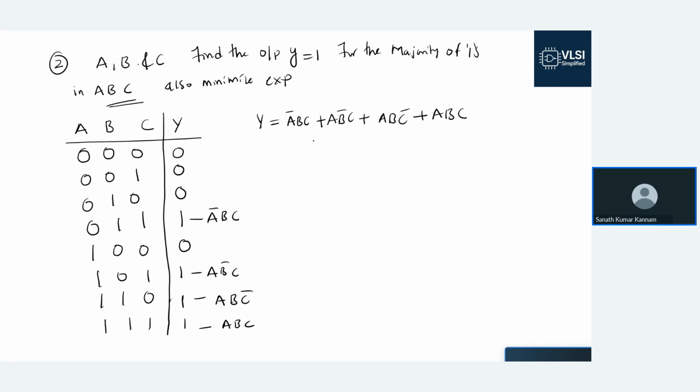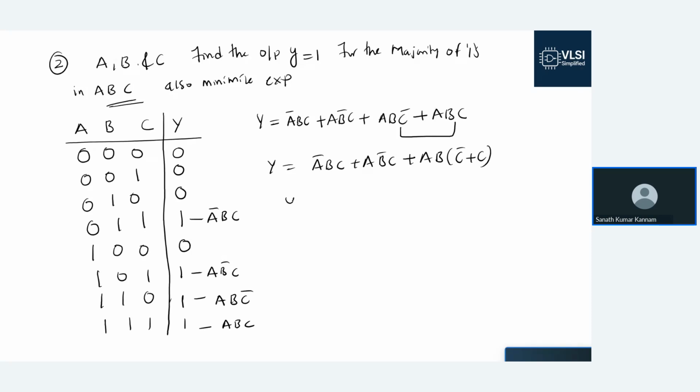A bar BC, A B bar C. From these two, I take AB common, I am getting C bar or C.